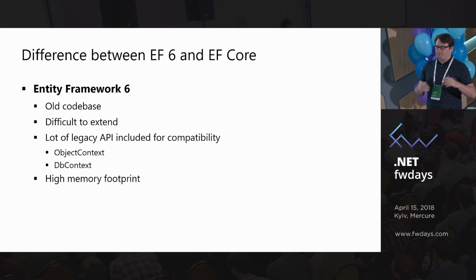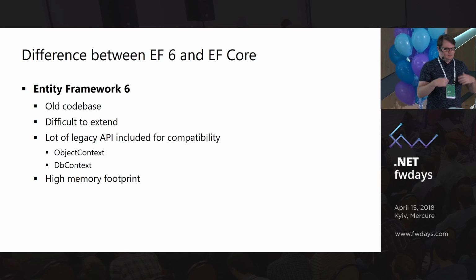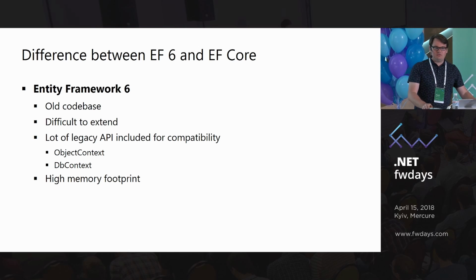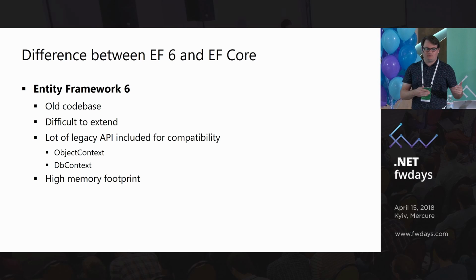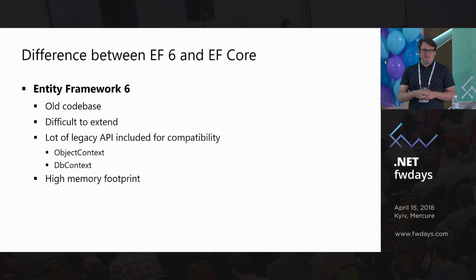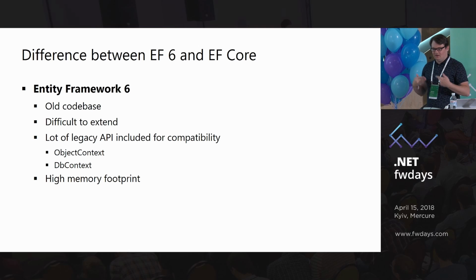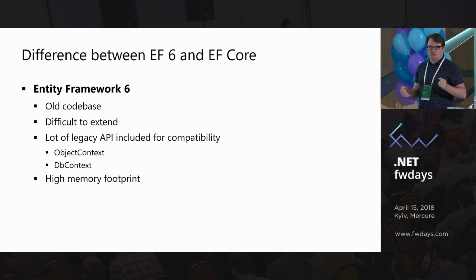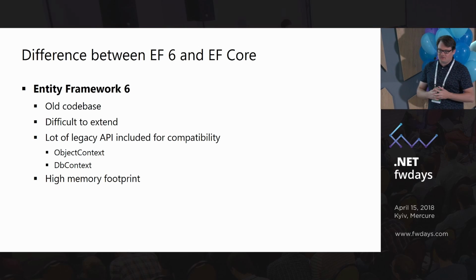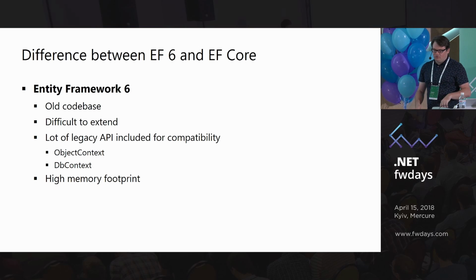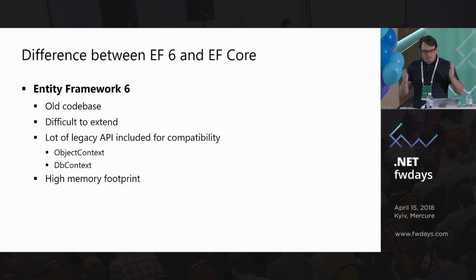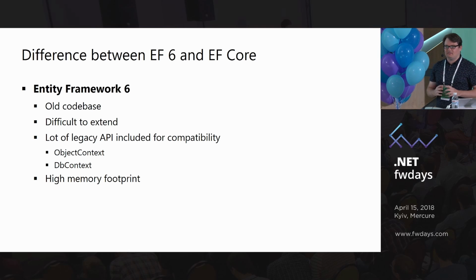If you remember, for example, SQL Server 2008 introduced geospatial types, and it took a lot of years until they were actually supported by Entity Framework. It was because of many reasons, and one of these was the monolithic architecture of EF6.